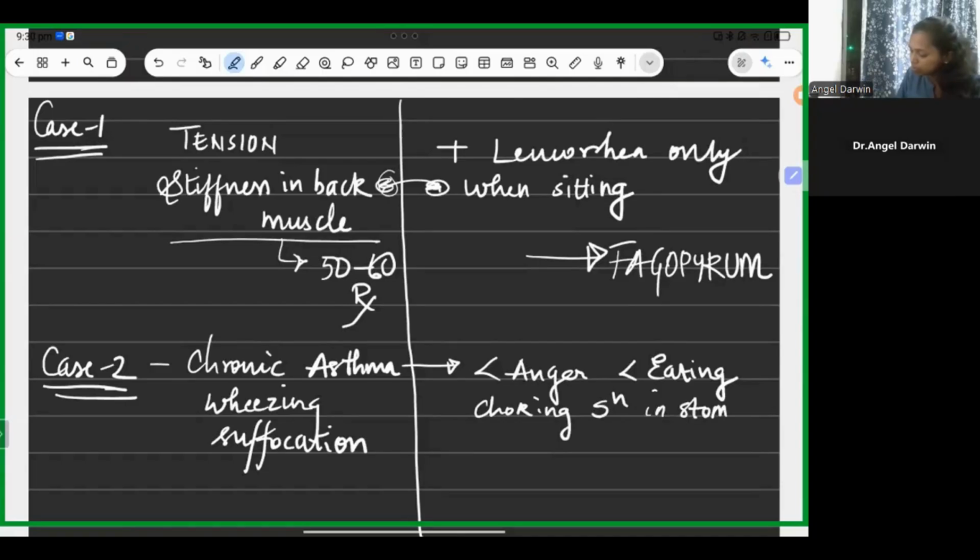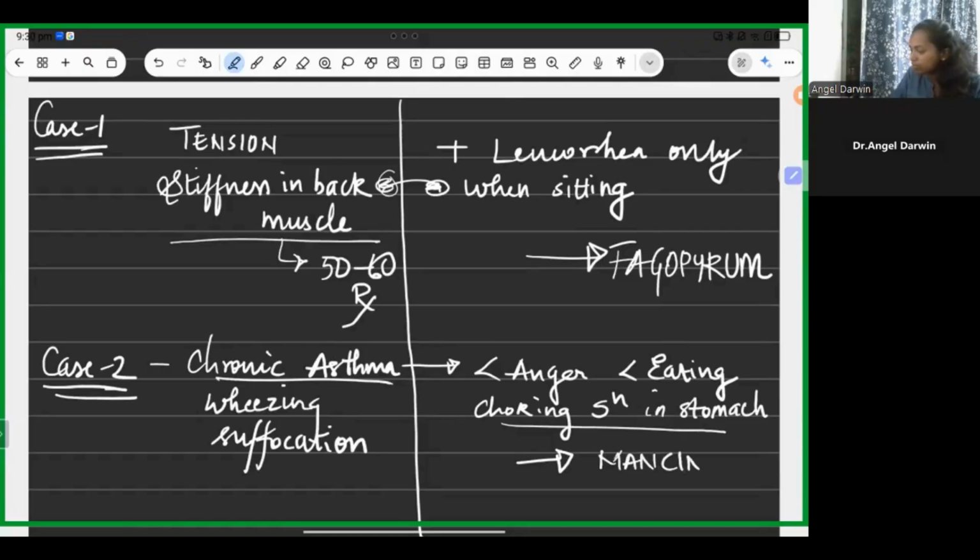So when these symptoms, chronic asthma, wheezing, suffocation, get aggravated by anger and aggravated by eating, along with that, if the patient complains of a choking sensation, the remedy that gets pointed out is Mancinella.